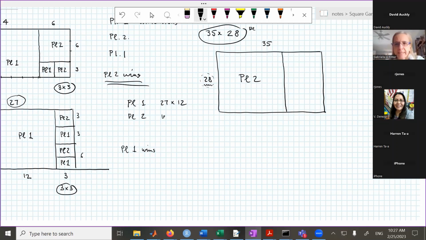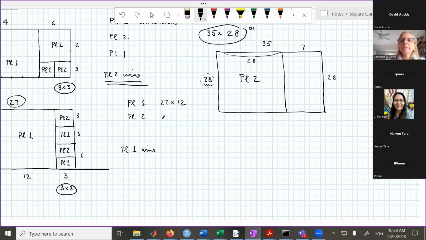As many of you are saying in the chat, player 2. Right? Okay, so if this is 28 here, then we have 7 units left in the length, and we still have 28 in the height. So it's a 7 by 28 rectangle left.